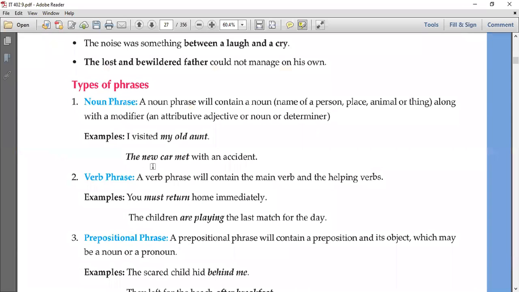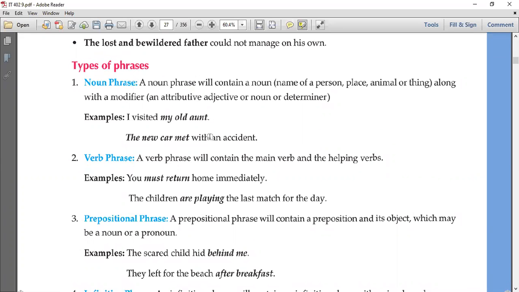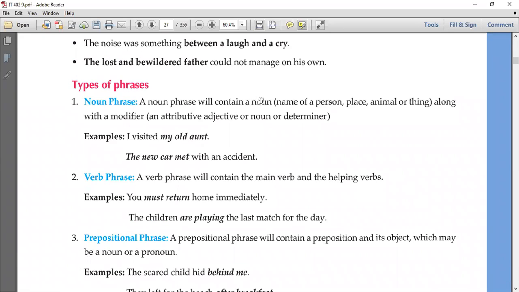Now if you talk about types of phrases, एक noun phrase है, एक verb phrase है, prepositional है, infinitive है. The noun phrase is the one which contains a noun along with a modifier. A noun, we know that noun is the name of a person, place, animal, or thing, and modifiers are an attributive adjective or noun or determiner. ठीक है, तो adjective लग जाएगा किसी noun के साथ तो वो noun phrase हो जाएगा.